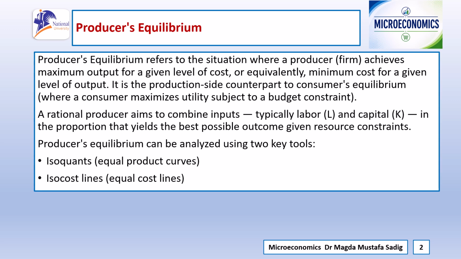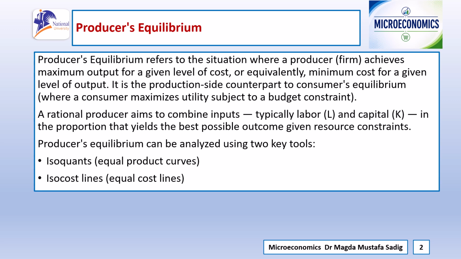Think of a factory producing shoes. The factory combines labor and machinery. If it hires too many workers but very few machines, production becomes inefficient. Similarly, if it buys many machines but employs very few workers, the machines remain underutilized.